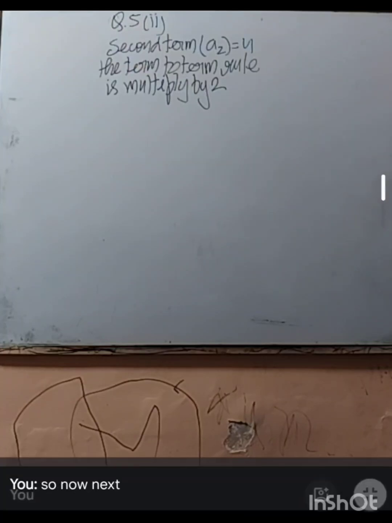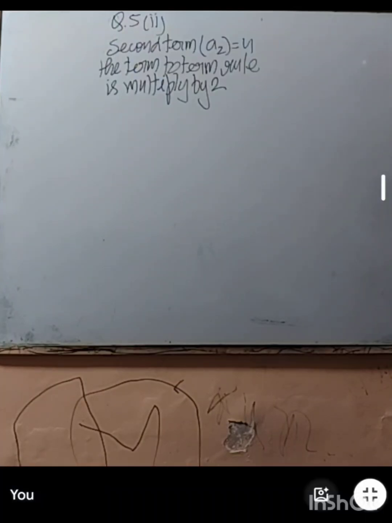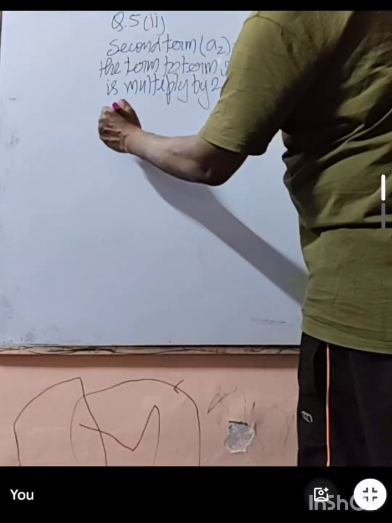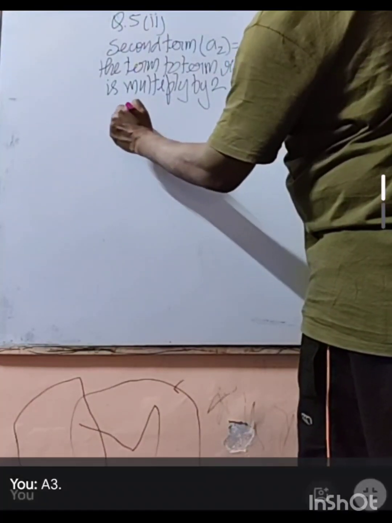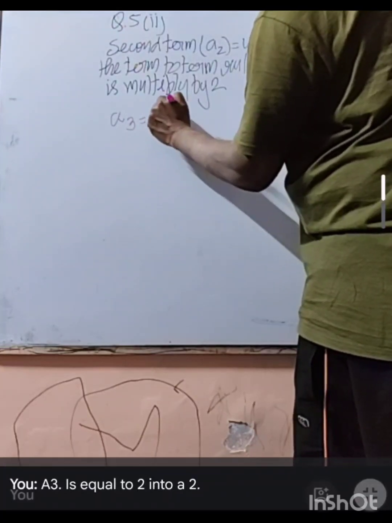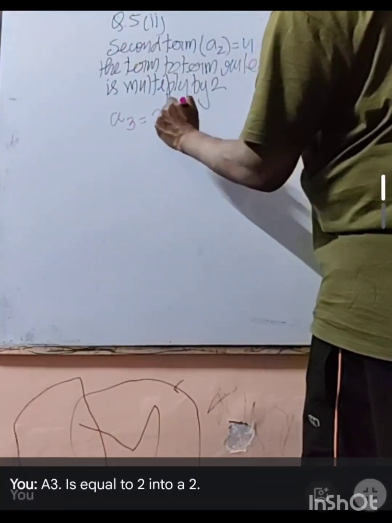So now the next 4 terms are: A3 is equal to 2 into A2, right?